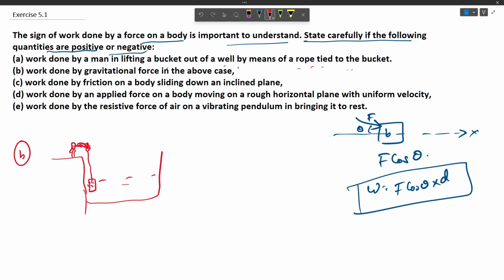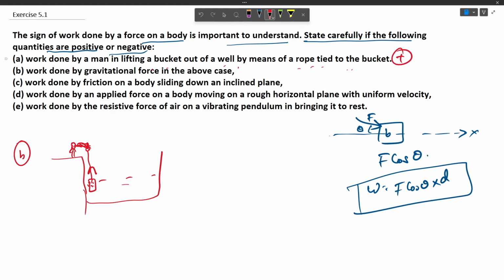Here the man is applying tension which is acting in this direction. The man is working on this bucket of water that is being lifted. Here the displacement is acting in the direction of the force that the man is applying. So it is going to be positive.